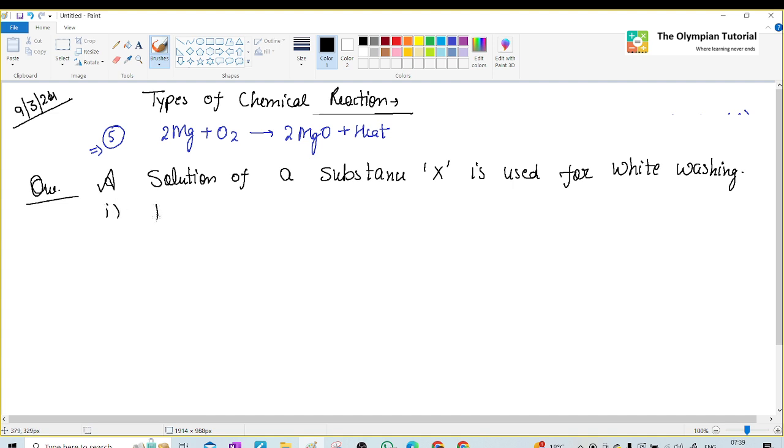What you have to write down? Name the substance X and write its formula.